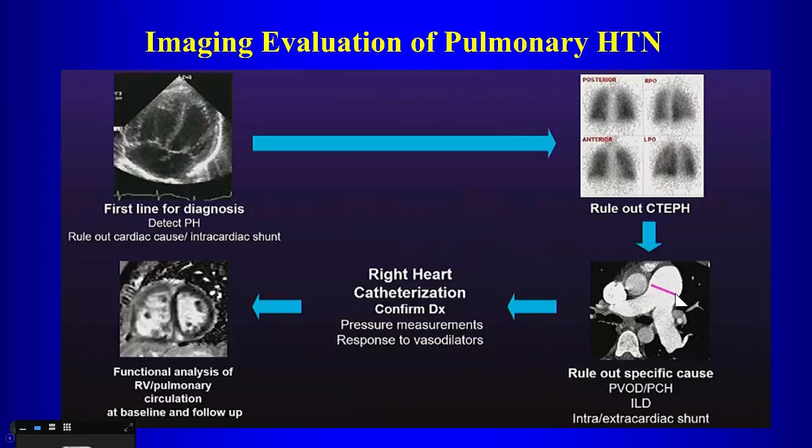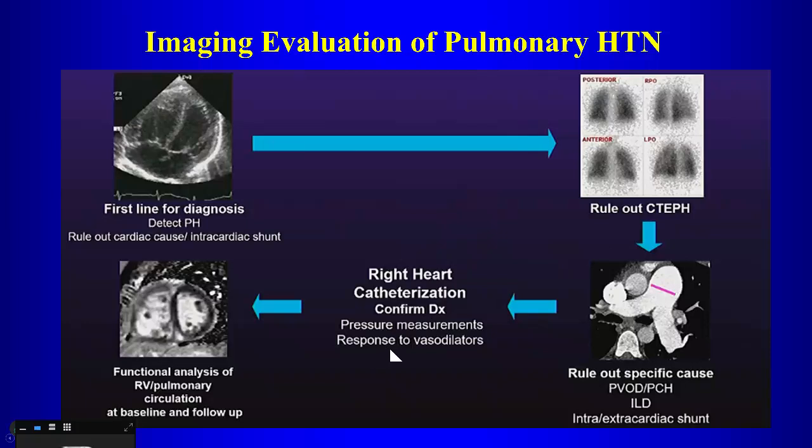And with CT, we can evaluate the pulmonary arteries and look at the pulmonary vessels for thromboembolic disease. Also, you're looking at the lungs for any evidence of lung disease that can be a cause of pulmonary hypertension.